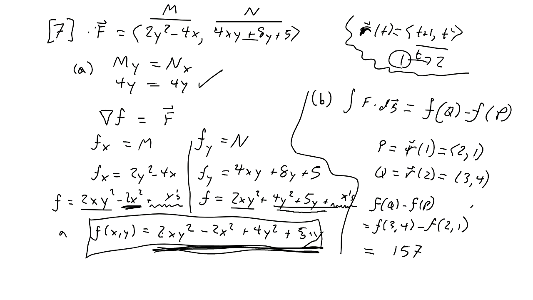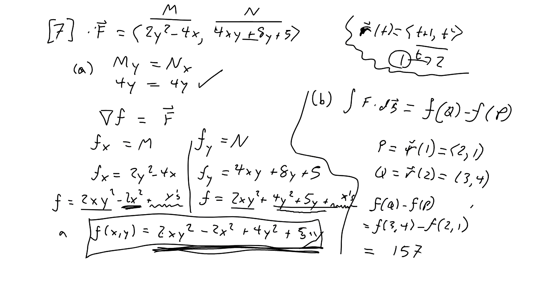I get that those are the terminal and initial endpoints, but how would you know to put the 1 and 2 into your r function and then put that into your f function? I might have subbed 1 in for x and 2 in for y into the original f. It's just understanding which functions get used and what gets subbed into what.